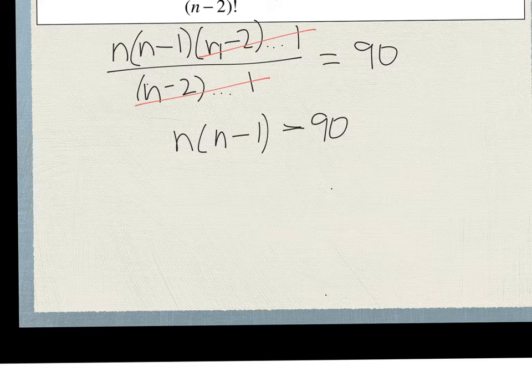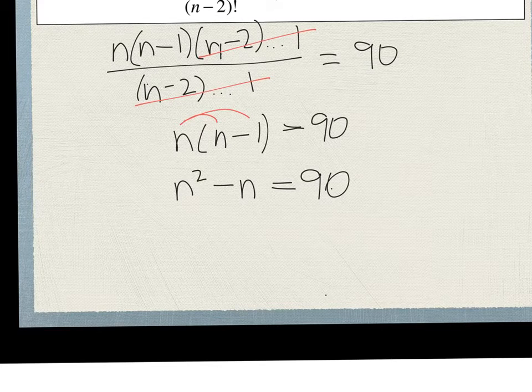Now, to solve this equation, we have to do quadratics. Okay, so if we expand this out, we get n squared minus n equals 90. This is what we call a quadratic equation. Everyone in this room did this in grade 11.